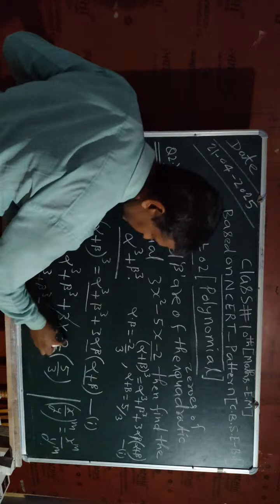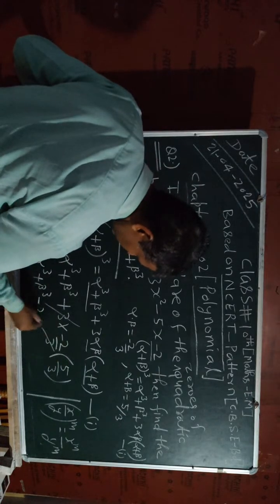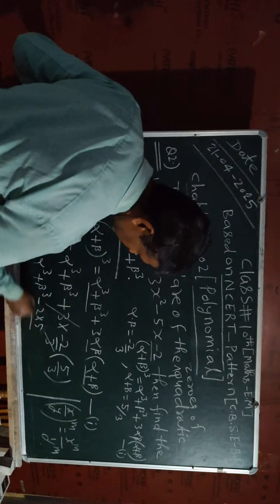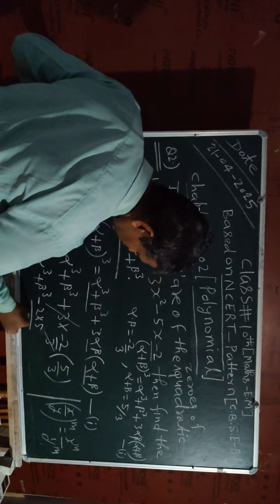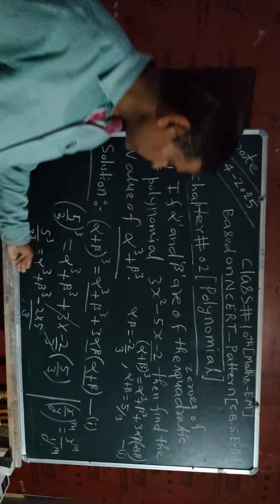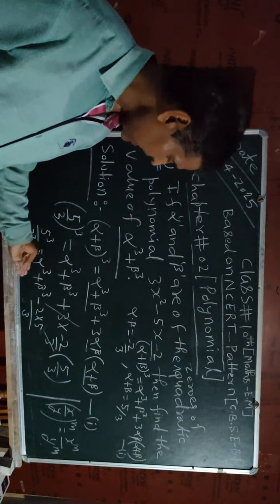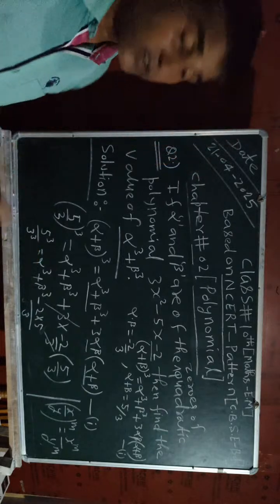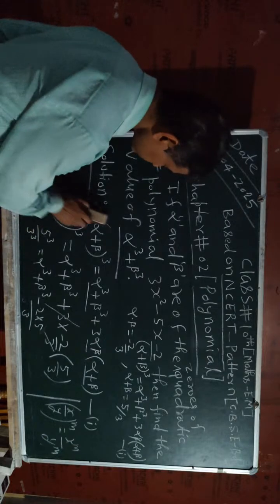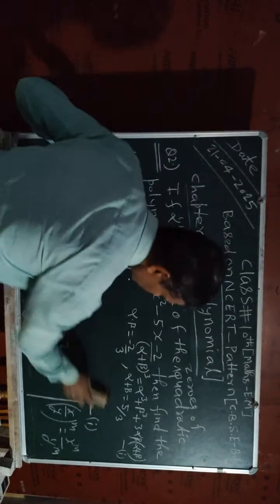And here 2 into 5, I will write 2 into 5 divided by, here 3 is available, so I will put here 3. Okay student, now next, further I will also simplify it. Okay student, so I am going to erase the above information for further calculation.